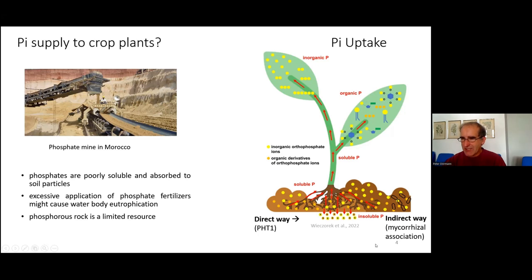There's also an independent, indirect way when plants undergo symbiosis with fungi, which helps them to mobilize phosphate from more distant parts of the soil, deeper soil areas, for example, because this mycorrhiza extend to further parts and live in symbiosis with the plant and provide phosphate to the plant.